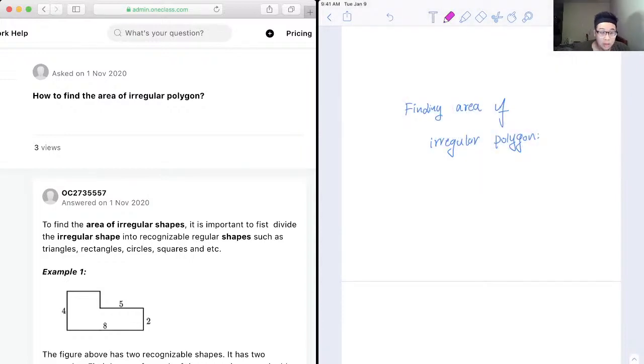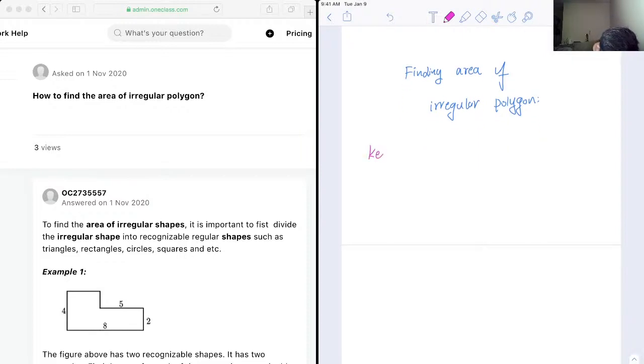So in order to find the area of irregular shapes, it is very important to first divide the irregular shape into recognizable regular shapes. Okay, so the key is divide or separate the irregular shape into regular shapes.